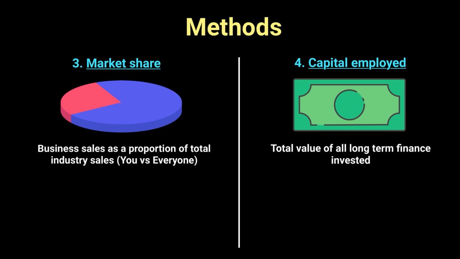Now, the third method that could be used to measure the size of businesses is market share comparison. Okay? And market share is a simple comparison which helps a business figure out how they are competing against everyone else in the same industry selling the same product. Now, whenever you hear the term market share, the best thing to do is to think of a pie chart.